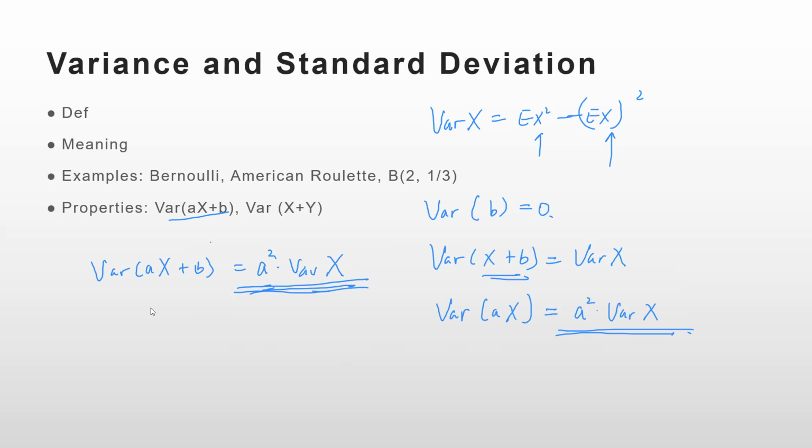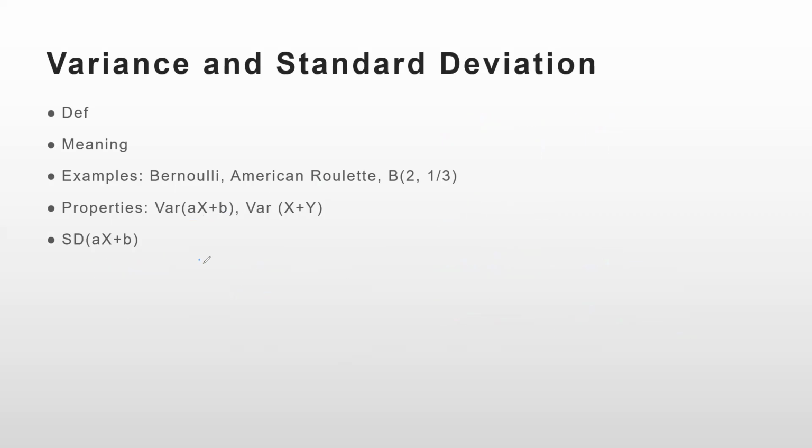In terms of the standard deviation, I want you to pay a little bit more attention, because you take a square root, and people are sometimes not very rigorous and say, oh, the standard deviation of aX plus b equals a times the standard deviation of X. That is not correct, because when a is negative, this thing is negative, and that's not good because the standard deviation is never negative. So you need to go through the variance.